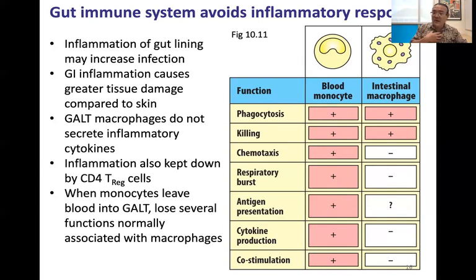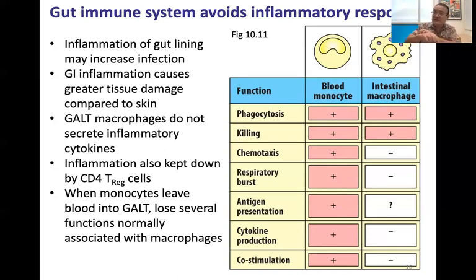You would suddenly have a ton of microbes invading your tissue. Therefore, the way our mucosal immunity works is it actually discourages inflammation as part of the immune defense. That, in large part, is a function of the immune cells behaving a bit differently. Things like macrophages.